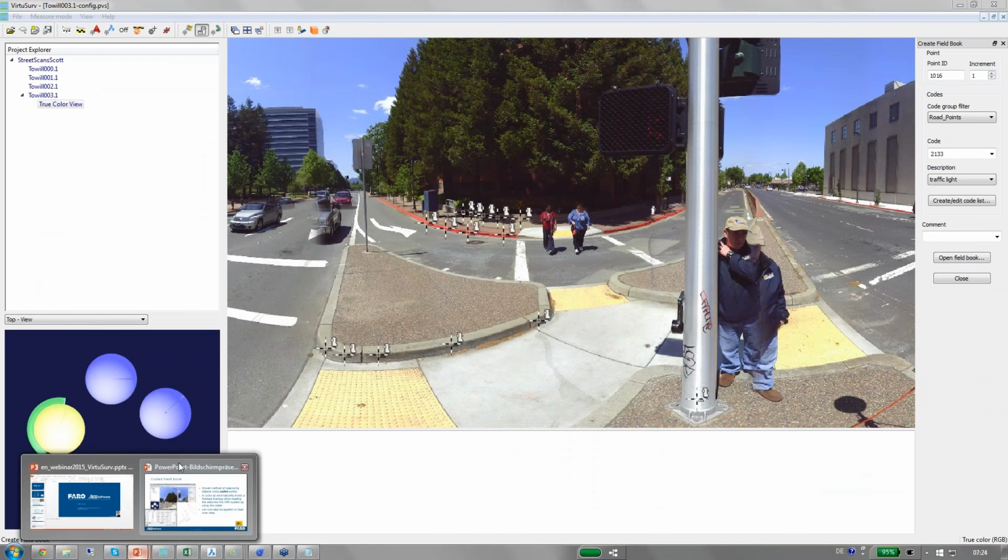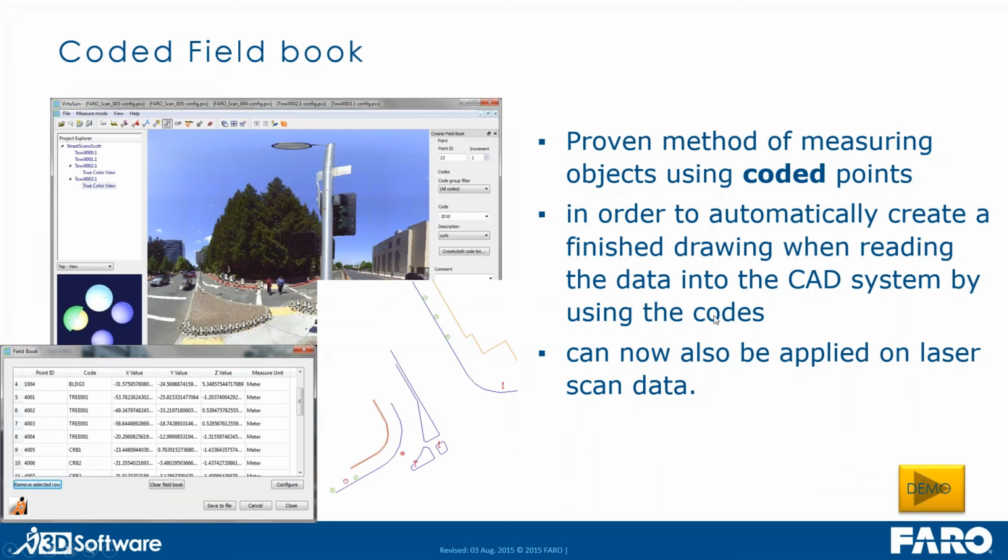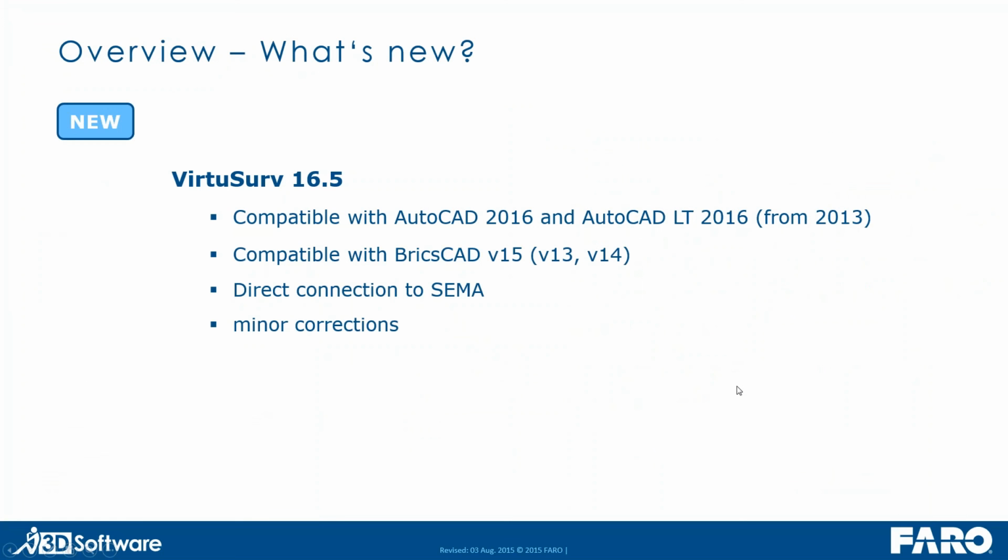So let me go back to the PowerPoint. Finally, I just want to give you a brief overview of what is new in version 16.5 of VirtuSurv. It is now compatible with AutoCAD 2016 and AutoCAD LT 2016, starting with version 2013 of AutoCAD, and it's also now compatible with BricsCAD version 15 and starting with version 13.14.